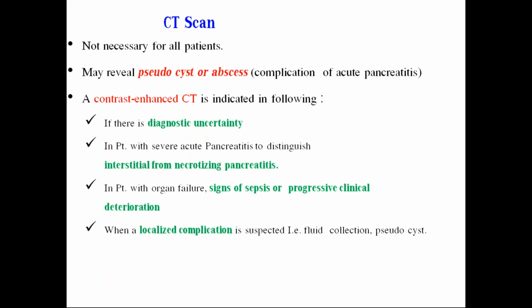So, contrast CT scan taken after 72 hours is the gold standard. There is diagnostic uncertainty in severe acute pancreatitis, and also to rule out necrosis, signs of sepsis and progressive deterioration, and complications like pseudocyst and so on.